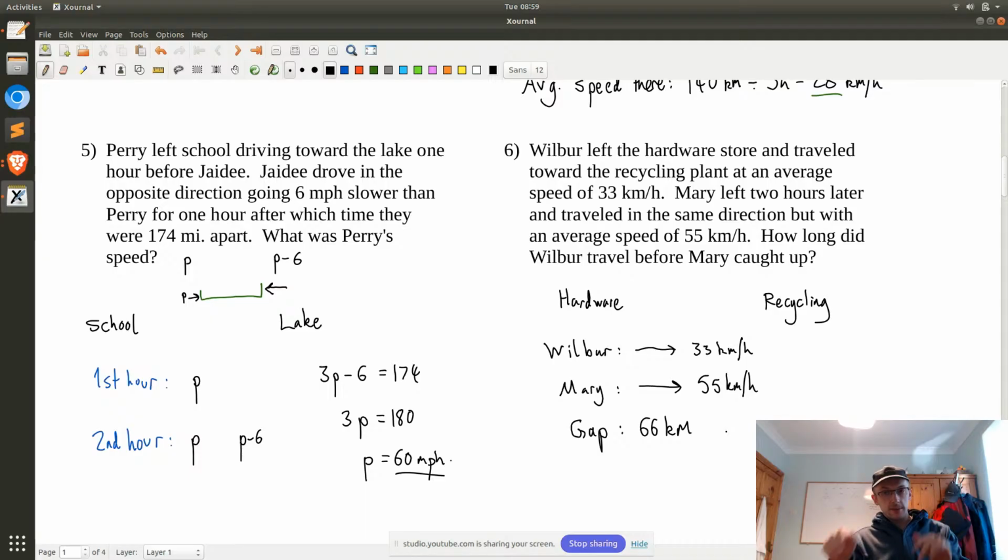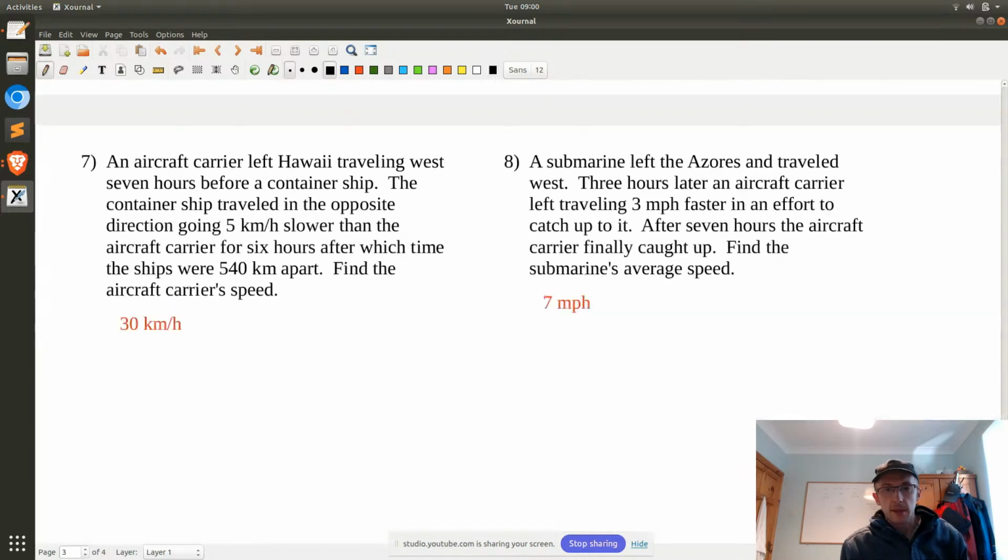That's how I think about it, the difference in their speeds. So Mary's catch-up rate, that's a good way to say it, is 22 kilometers an hour. And so 66 kilometers divided by 22 kilometers an hour gives us 3 hours. And that's how long Wilbur has got to travel before Mary catches him, I believe.